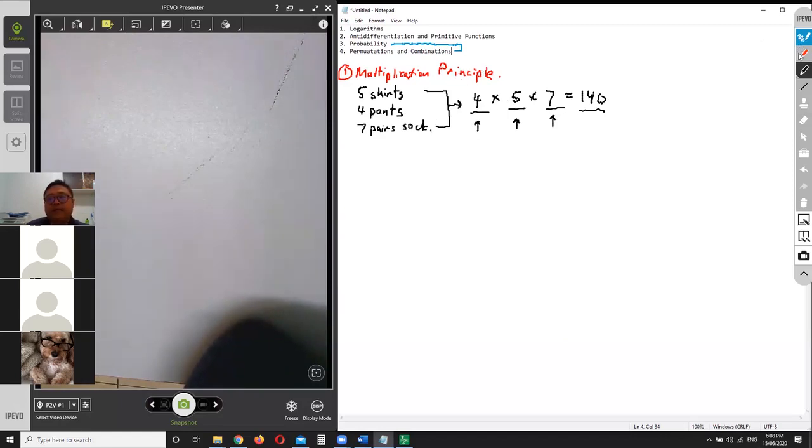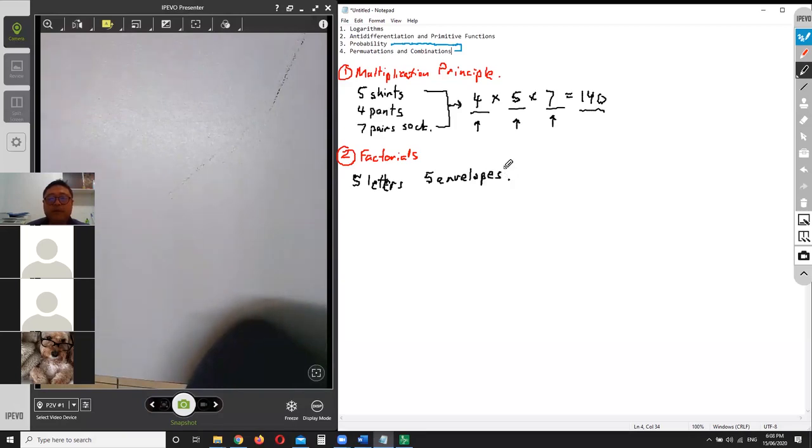Now, when you extend the multiplication principle to factorials, it looks something like this. You have 5 letters and you have 5 envelopes.